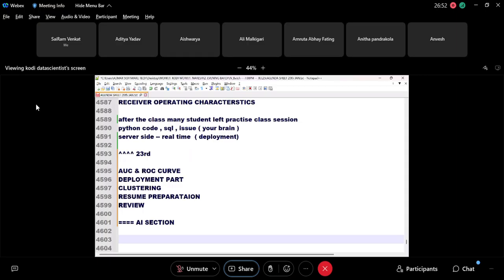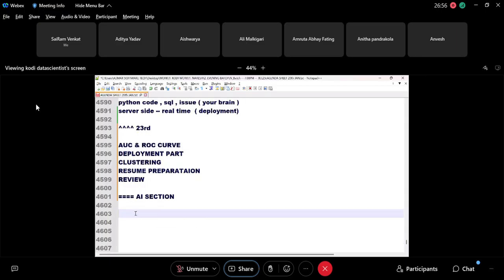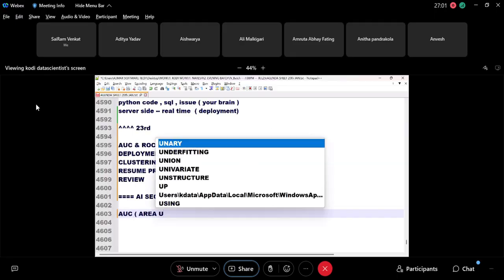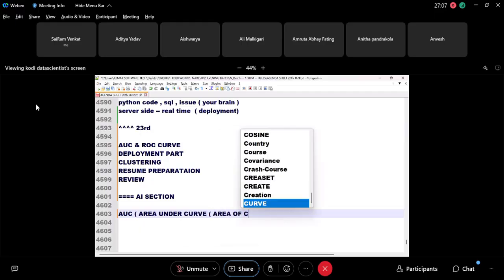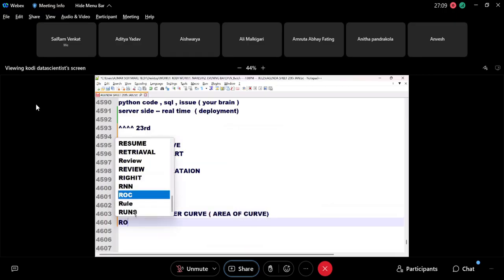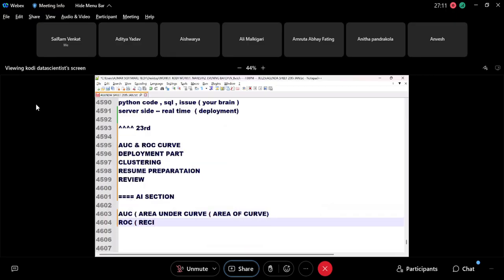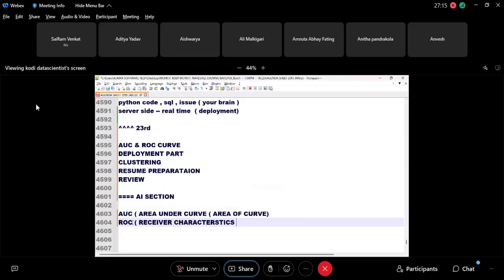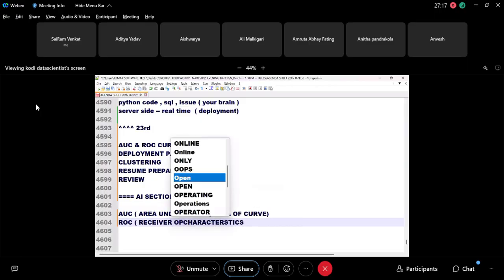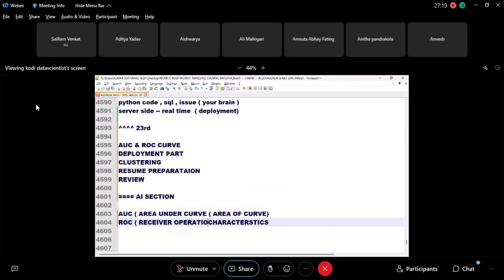AUC means area under the curve, and ROC means receiver operating characteristics, guys. When we use this, do you know the confusion matrix or not?